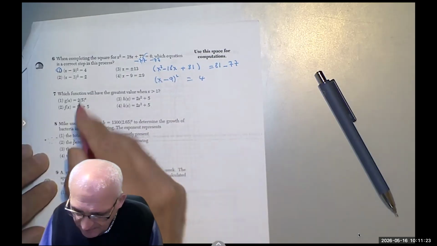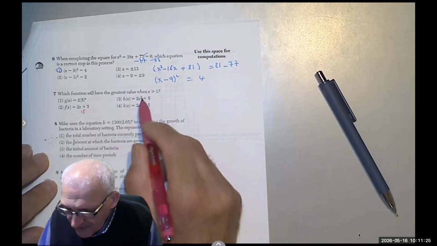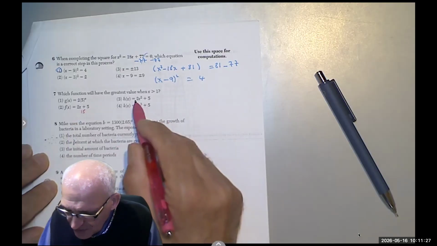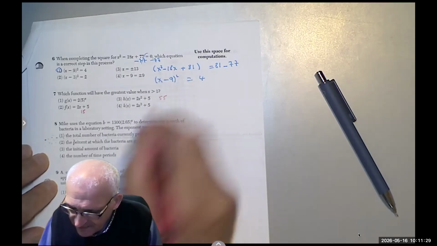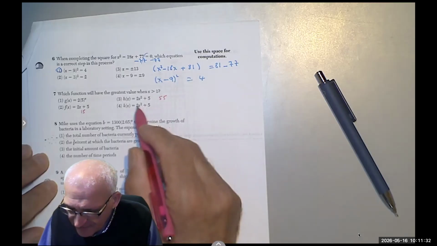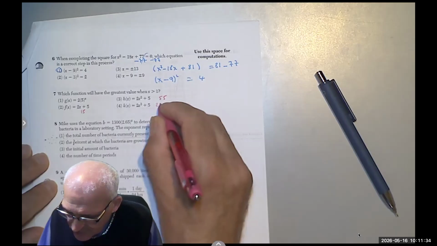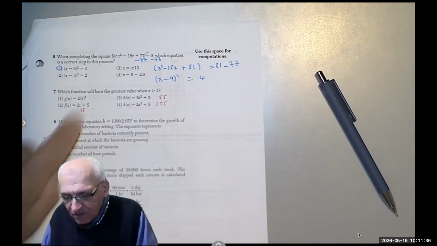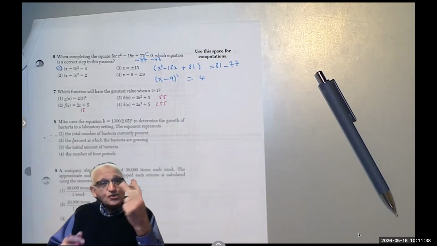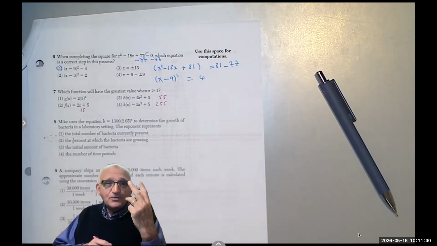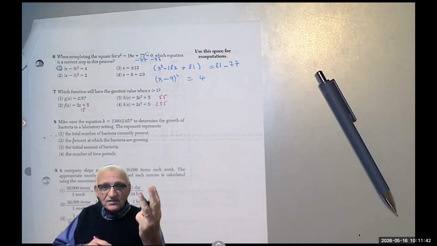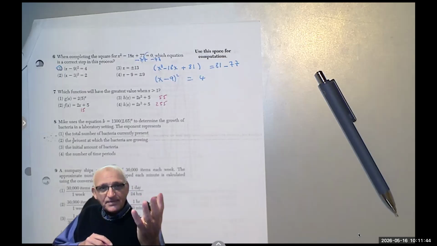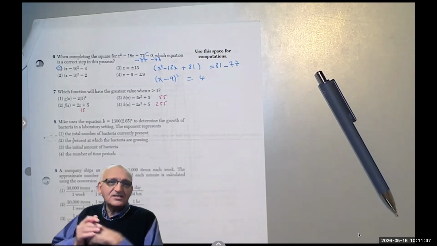If I pick 5, forget about this for a second. 5 times 2 is 10 plus 5 is 15. 5 squared is 25 times 2 is 50 plus 5 is 55. 5 cubed is 125 times 2 is 250 plus 5 is 255. Now put 5 here. If you put 2, the 5 becomes 25. If you put 3, it's 125. If you multiply by 5 again, you get 625.